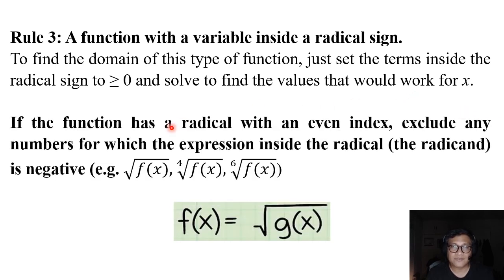In general, if the function has a radical with an even index, you exclude any numbers for which the expression inside the radical is negative. So that will be our rule, class, for these three common functions.